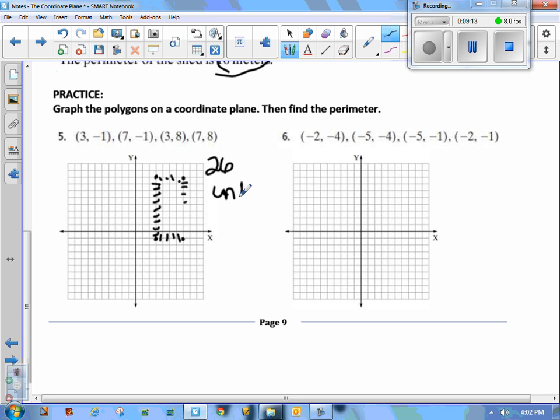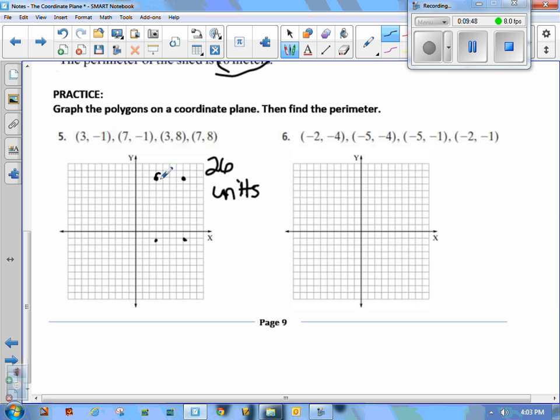Oh, my pen's not writing. If you don't want to make your little hash marks, when you have those there, you could just simply do our little loops like we did earlier when we were counting distance. So I went over 3, down 1, 7, 1, and 3, 1, 2, 3, 4, 5, 6, 7, 8, and over 7, 8.